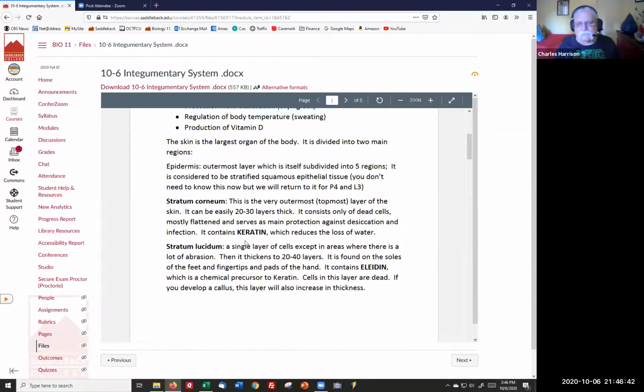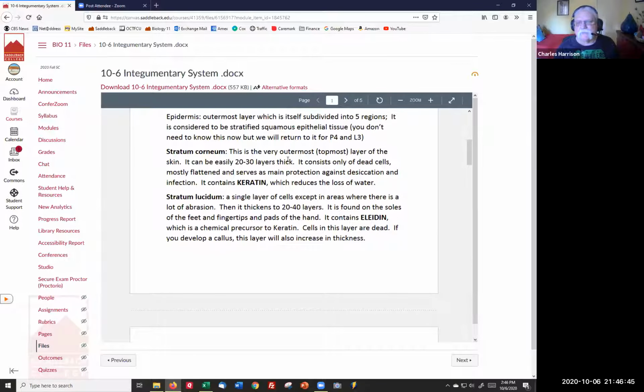The uppermost layer, or outermost layer, same thing, is the stratum corneum. Stratum is just a layer. Corneum means cornified, has a lot of keratin in it. This upper layer can be 20 to 30 layers thick in itself, and it's your main protection against water loss.